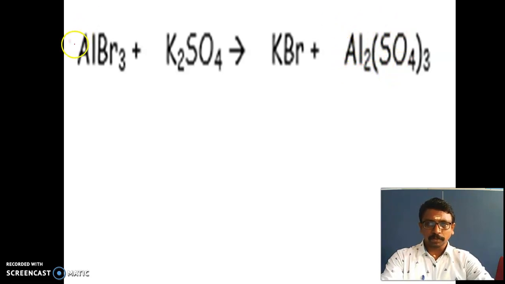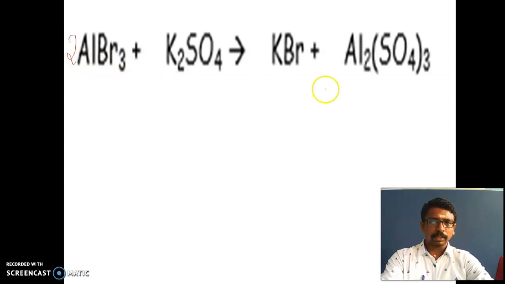So we have to put 2 in front of the aluminium bromide. And next you can see the bromide. So in the reactant, the aluminium bromide contains 6 number of atoms.